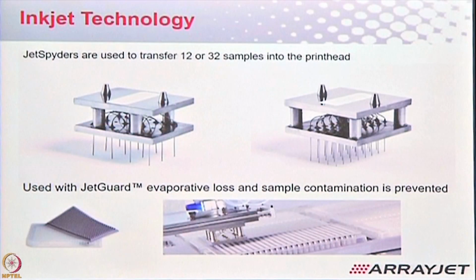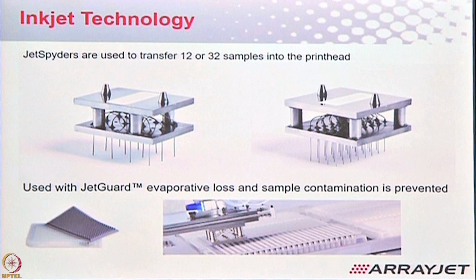You can see that the jet spider is something that is in-house patented and developed. It can simultaneously aspirate a set of 12 samples together and print them simultaneously. So imagine it's not just 1, 1, 2, 2. It goes 12, 12 at 20 meters per second.